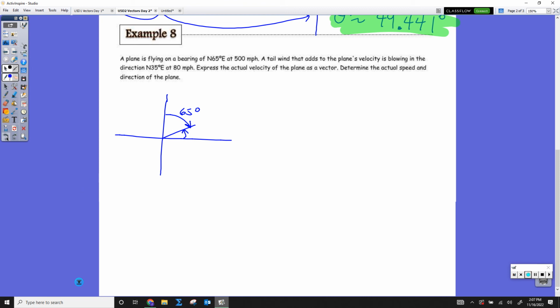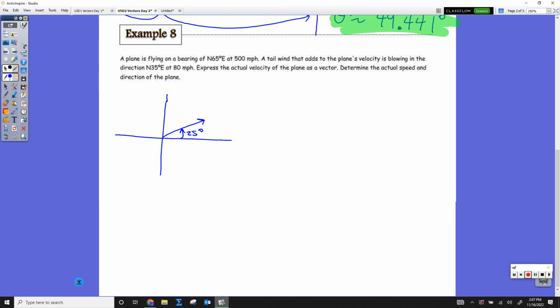Okay, so just to kind of keep this clean, I'm going to draw our vector for our plane. Remember, this is 25 degrees. Okay, and it says it's going 500 miles per hour at that time. Okay, that would be our magnitude.